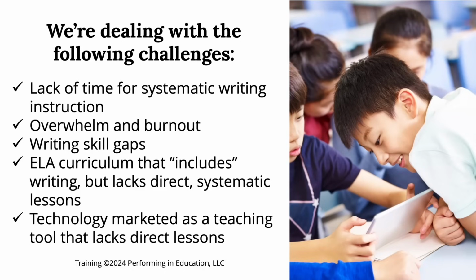So, we know that writing is a lot of work to plan, a lot of work to grade, a lot of work to do, and it can be exhausting. So we want to make sure that whatever we are putting in place for our writing instruction is very sustainable. We don't want to be adding any elements that are going to make this extra work. We just want to stick to these 5 key things that we talked about, okay?